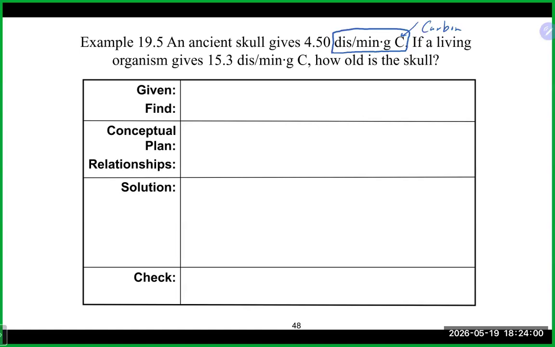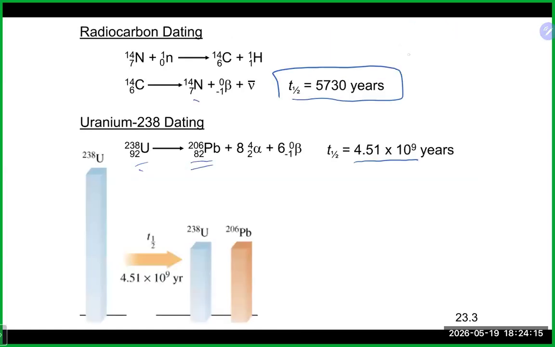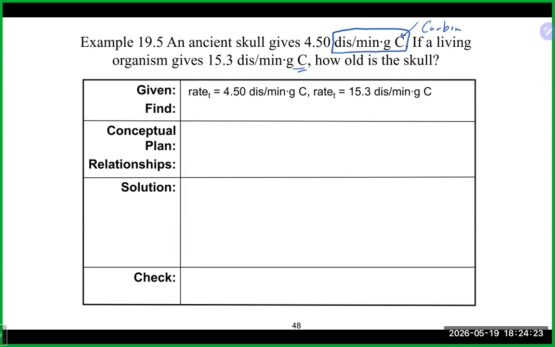And a living organism gives 15.3 disintegrations per minute per gram of carbon. If we want to know how old that skull is, once again the per gram of carbon is important, because that tells us which half-life to use. We would use the carbon-14 half-life in this case, which is 5730, and that allows us to solve what we need. It basically works the same way.